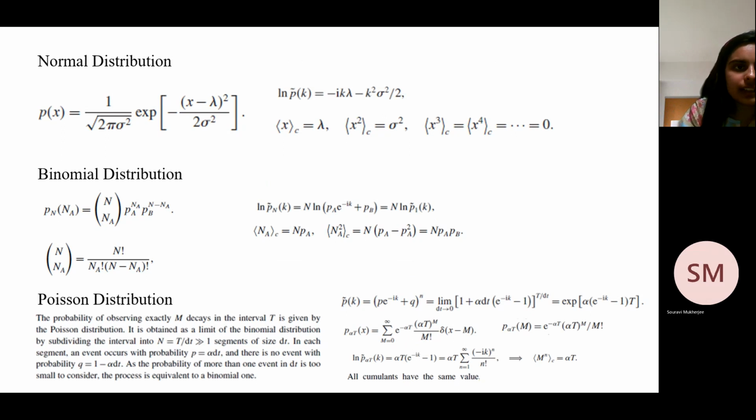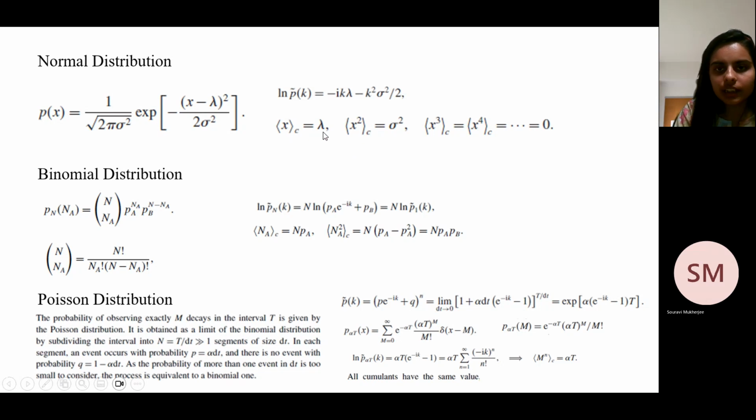And then we looked at some of the very common and very important distribution functions, like the normal distribution. So this is how the normal distribution goes, and you can define it in terms of the different moments. Only two moments are required in order to describe the normal distribution.